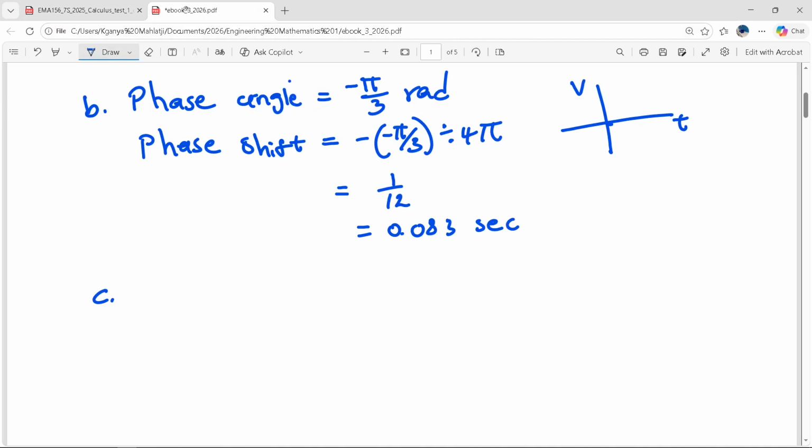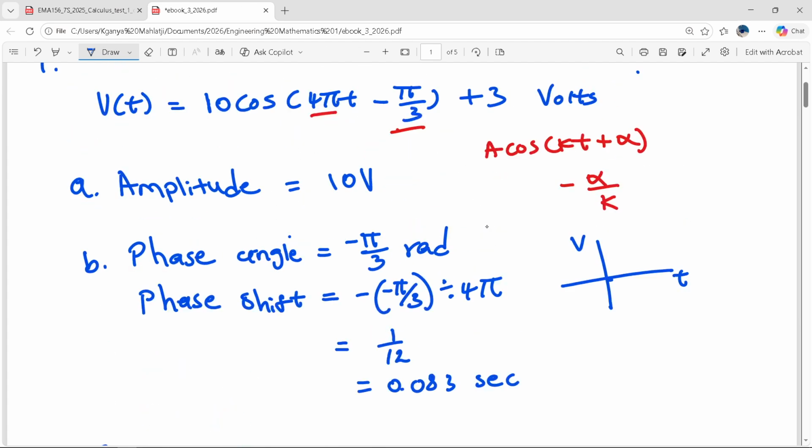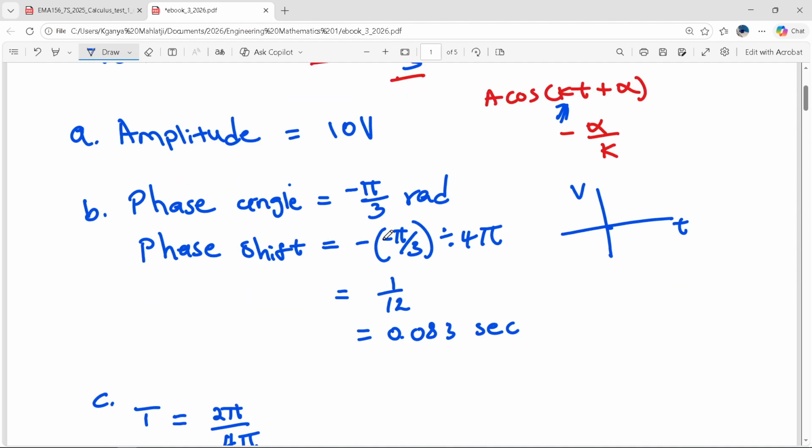Number C, they want the period. This is a cosine function. Then you will say your period T equals 2 pi over 4 pi, since the information here is given in radians. Like we said, you always look at the coefficient of t, which is k.